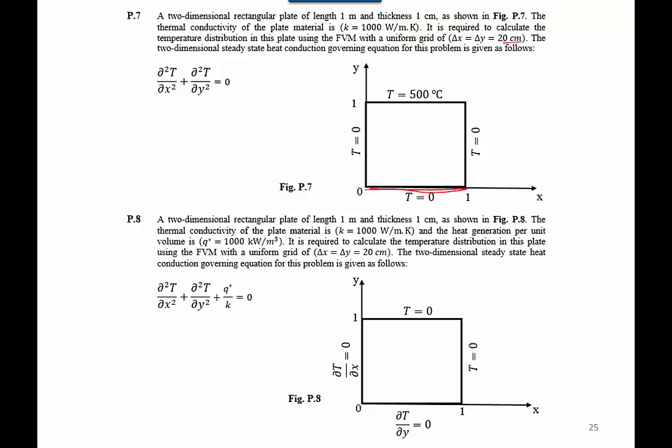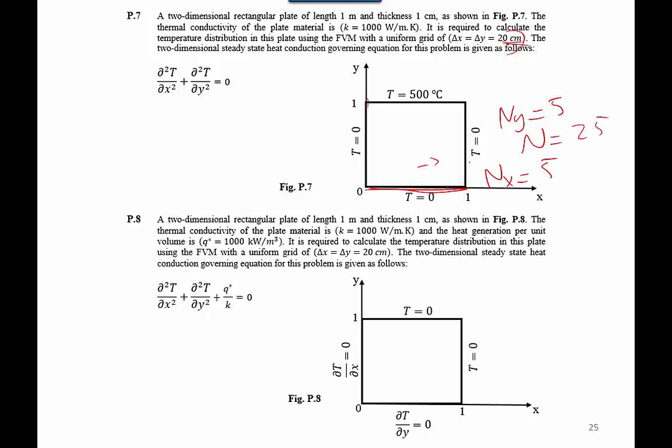That means if we have 1 meter divided by 20 centimeters, there will be 5 control volumes in the x direction, so nx equals 5, and the 1 meter height in the y direction divided by 20 centimeters, so ny will also be 5. So the total number of control volumes will be 25.